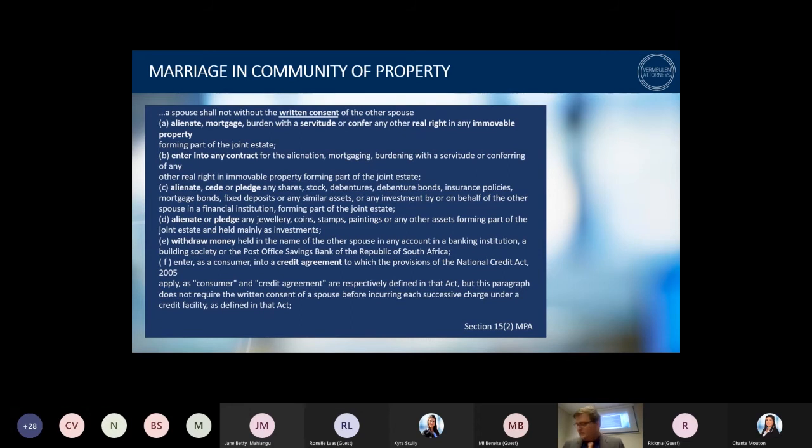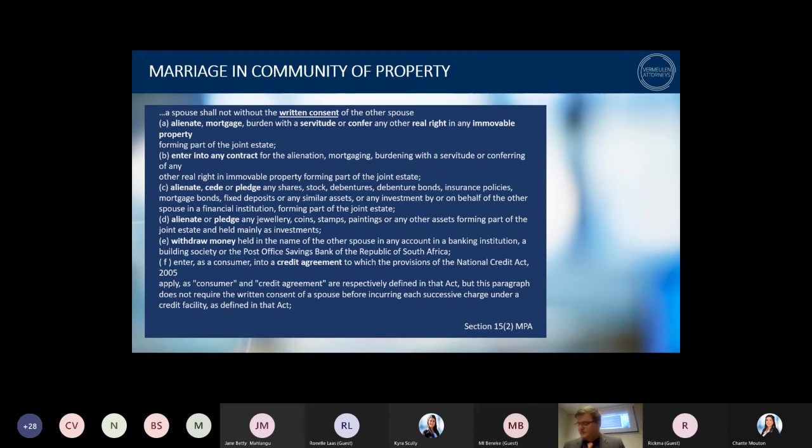A spouse shall not, without the written consent of the other spouse, alienate, mortgage, burden with a servitude, or confer any other real right in any immovable property forming part of the joint estate. They shall not enter into any contract for the alienation, mortgaging, burdening with a servitude, or conferring of any other real right in immovable property forming part of the joint estate.